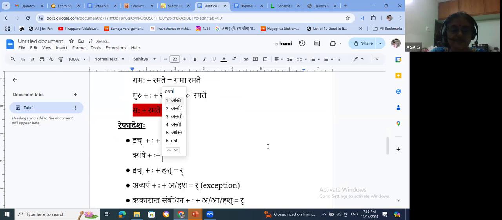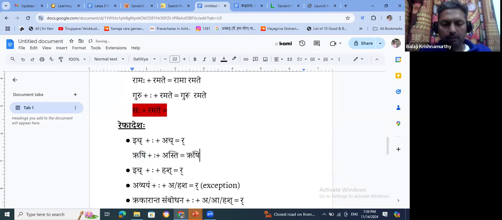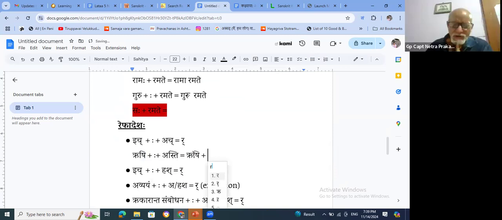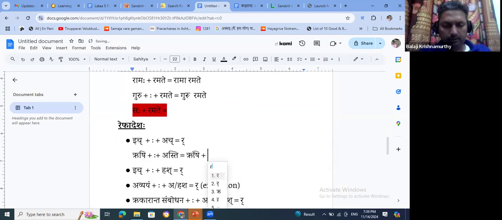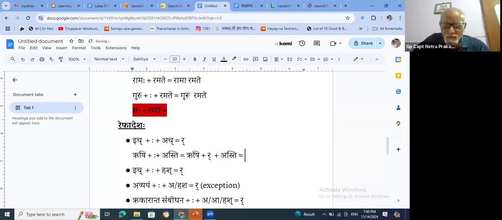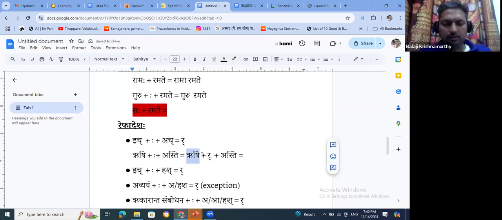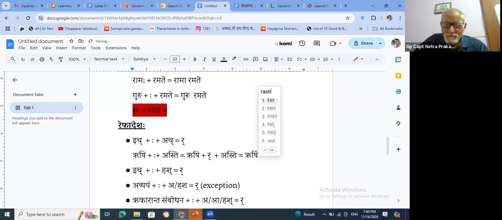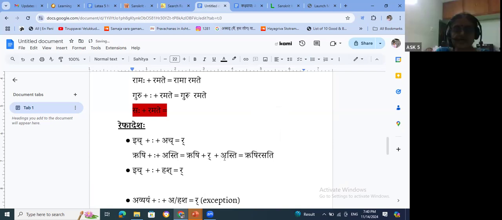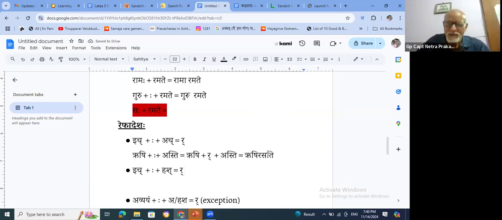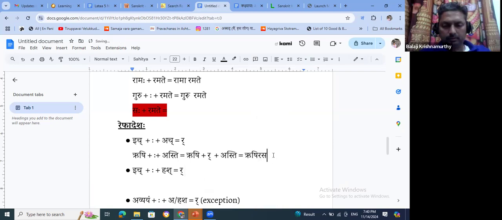If in place of Visarga, R must be there, then what will happen? Rishirasti. The R will not go on top.